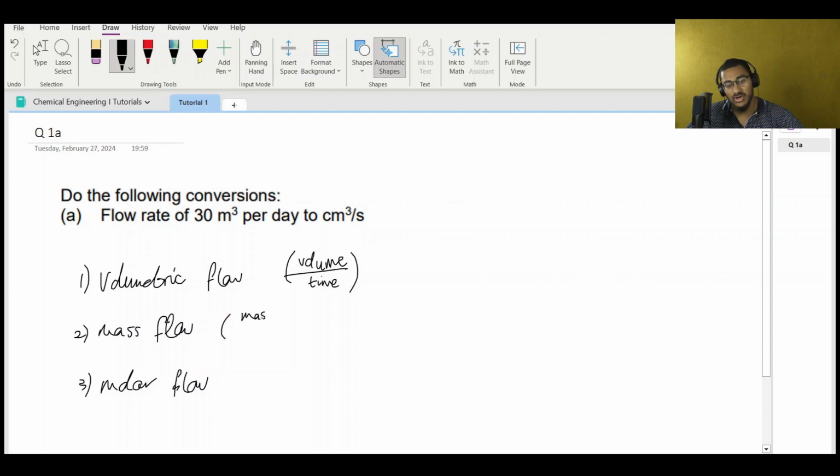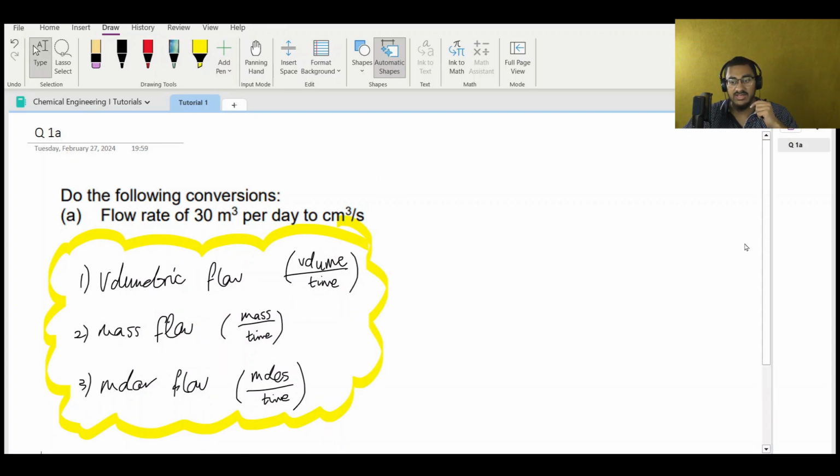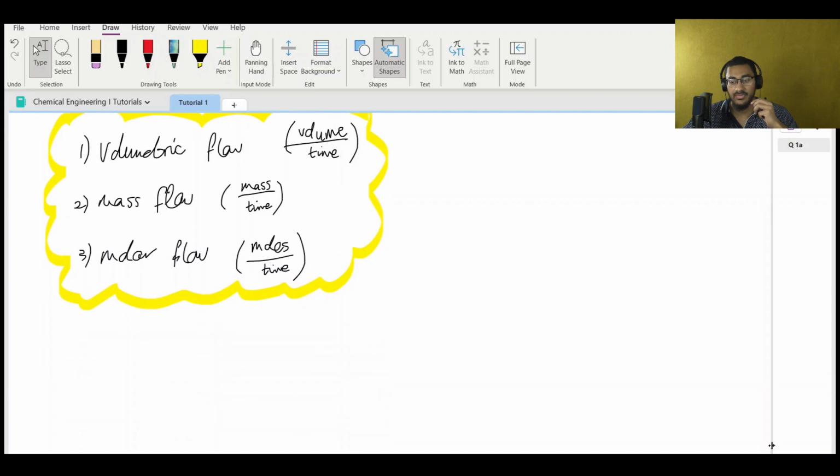So that's some unit of mass per unit time. And the third kind of flow rate you'll experience is some number of moles passing through a particular point in a pipe per unit time. And all of that, you can make a note, is the three most common expressions for flow rate that you will encounter. So I'm going to scroll down a bit and let's continue with this question.